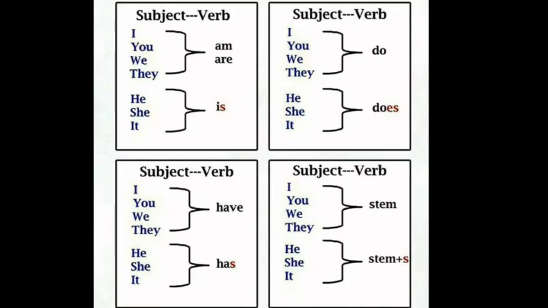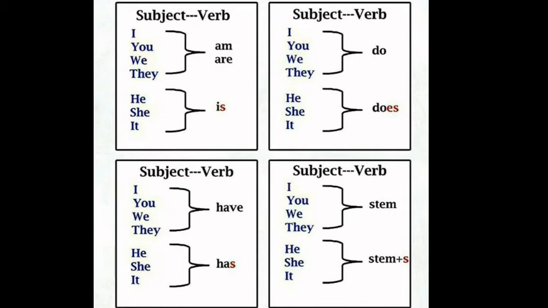Now here you have some more key points to remember to solve questions from subject verb agreement. With the words I, you, we and they, you can use the words am and are. He, she and it, you can use the word is.